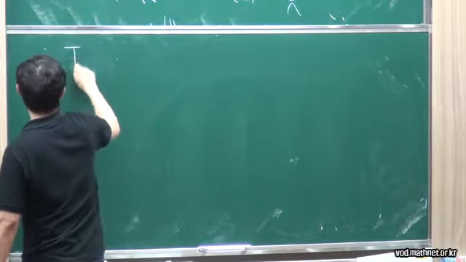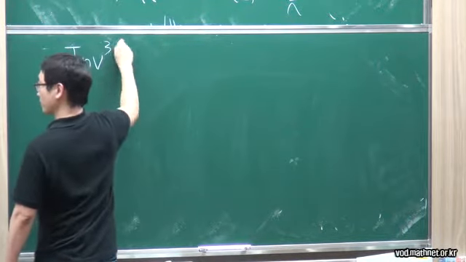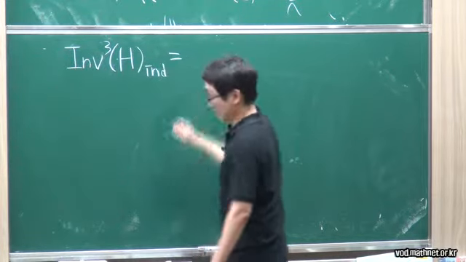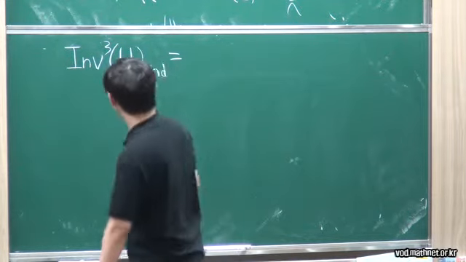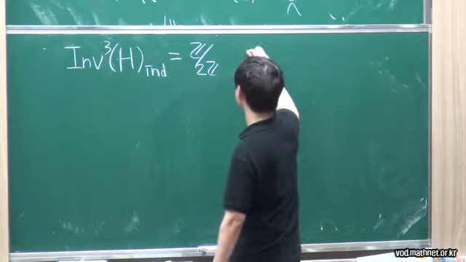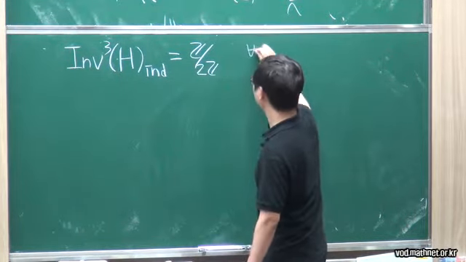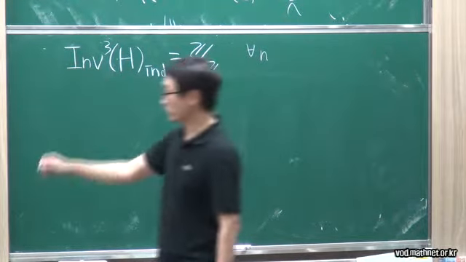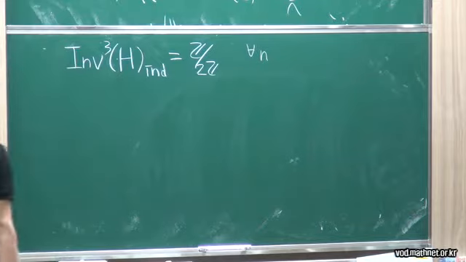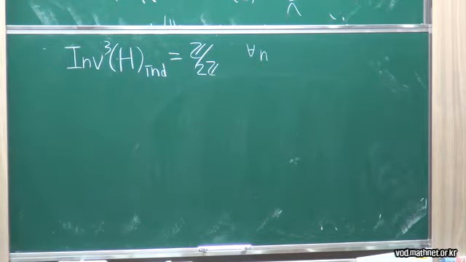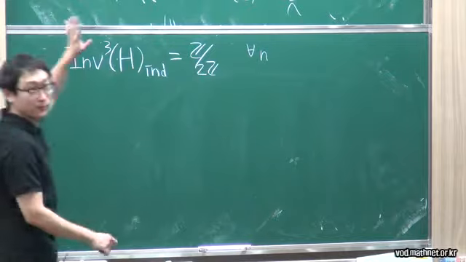And we also computed the indecomposable invariance of this semi-simple part, and this is always Z/2Z for n bigger than or equal to 2, and indeed this n equal to 2 is the example SO4.